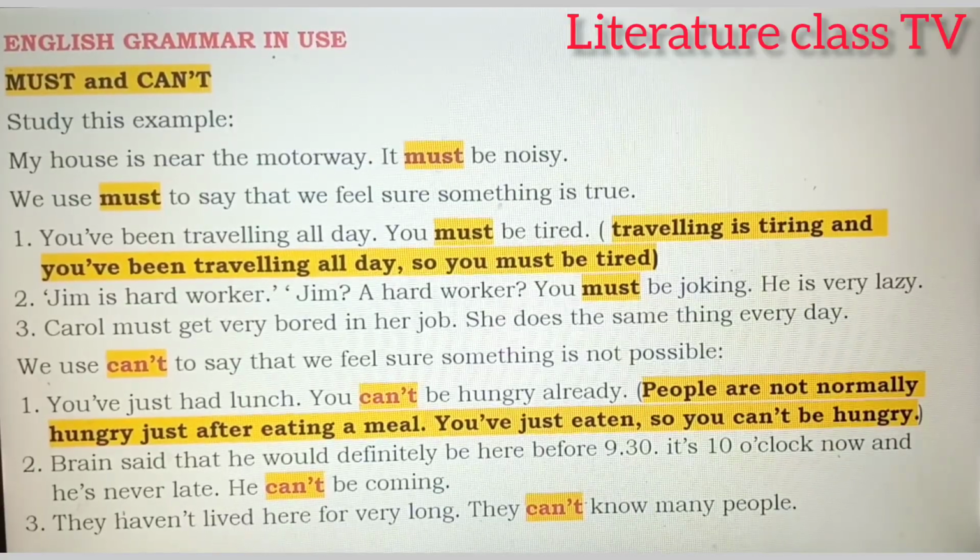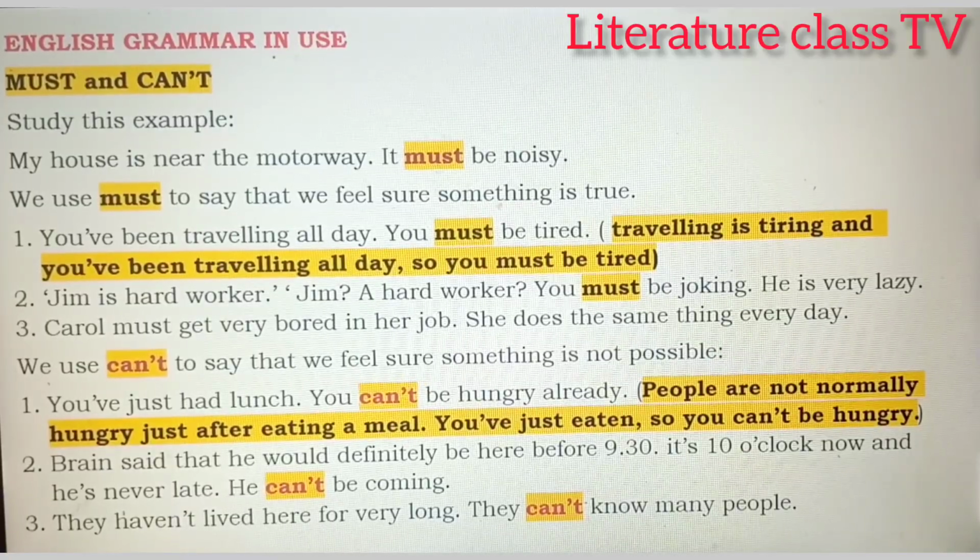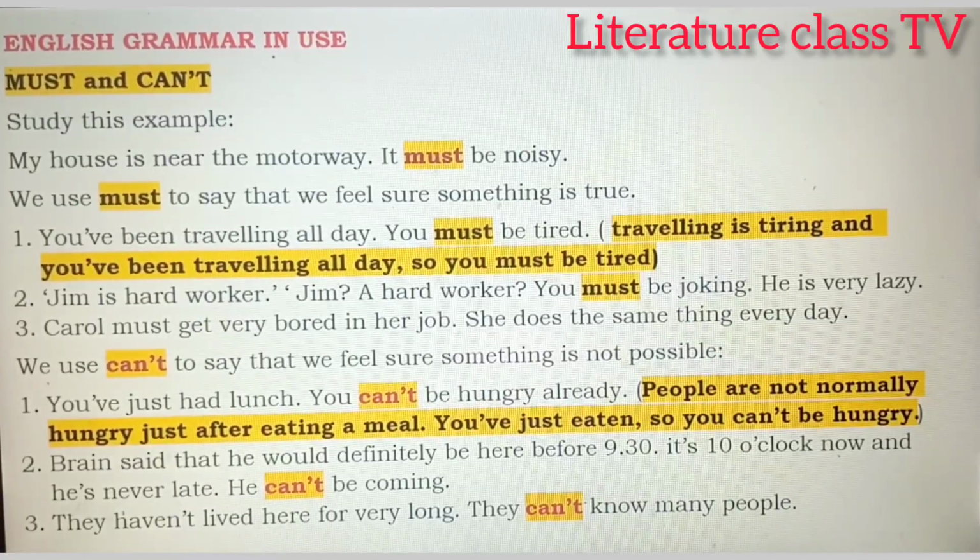We use can't to say that we feel sure something is not possible. This is the opposite of must. We use can't when we feel sure that something is not possible. For must, we are sure something is true or is possible. Example. You have just had lunch.